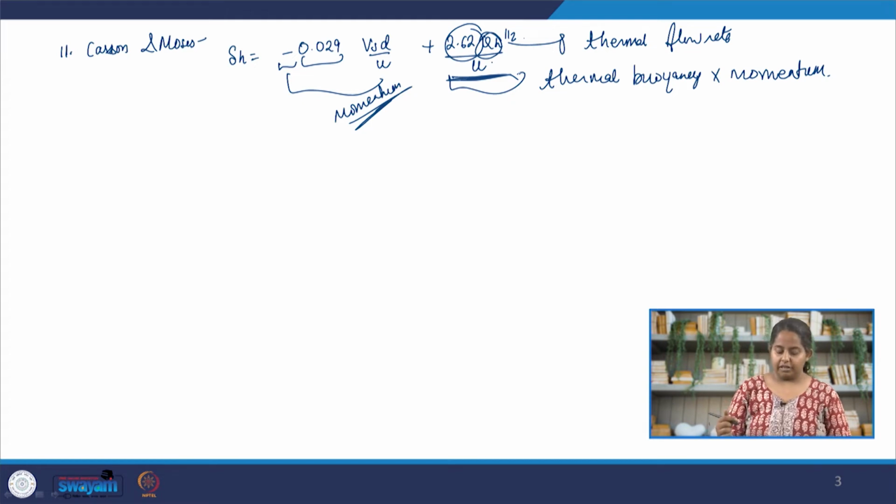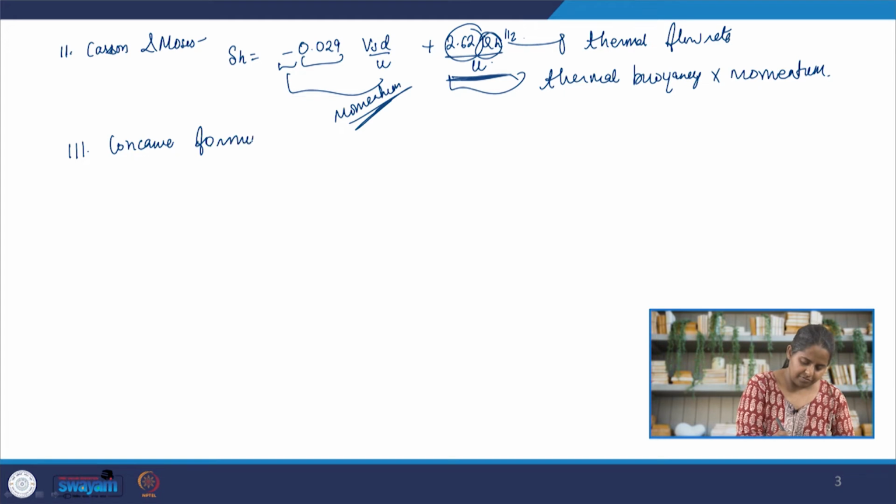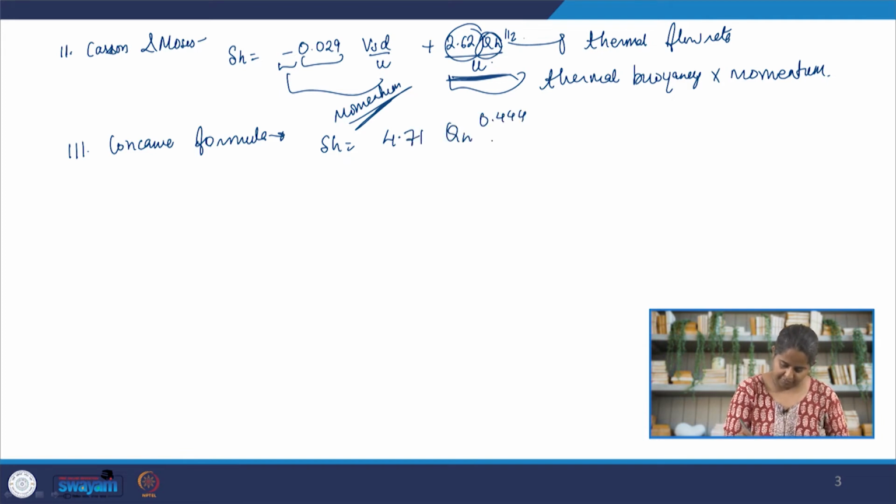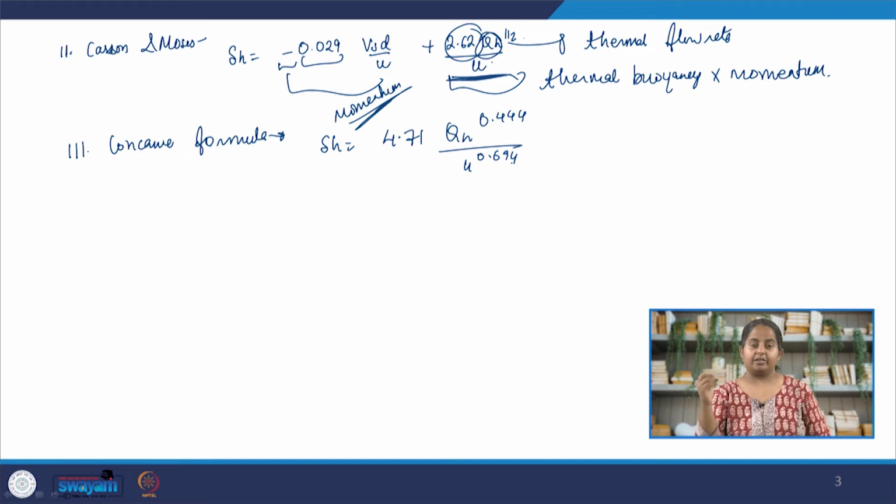The third formula that I am going to give you is Concawe formula. I do not know how to pronounce the name of this scientist, and it is much simpler than all other formulae, but again you do not need to cram it. Now, this looks very similar to what we saw in the Carson and Moses formula.